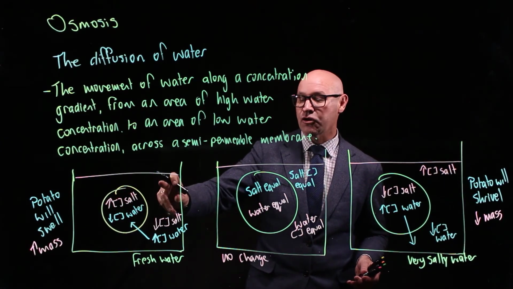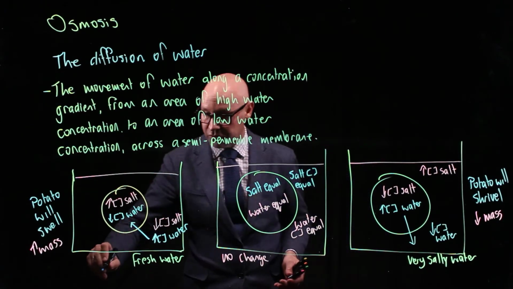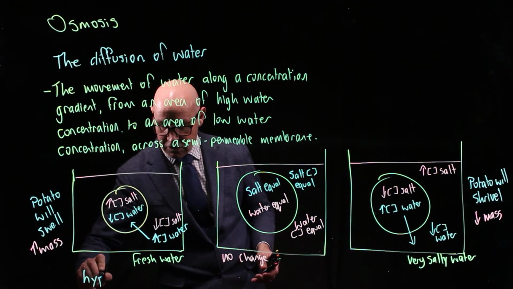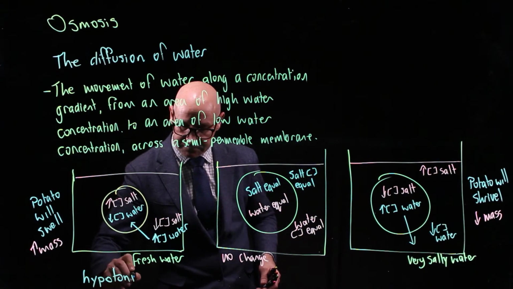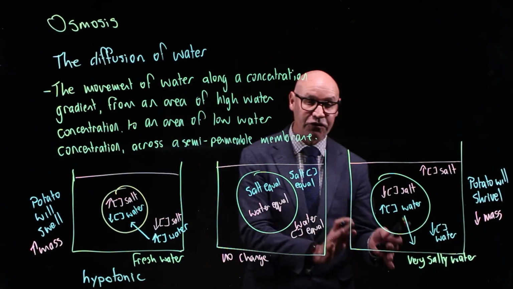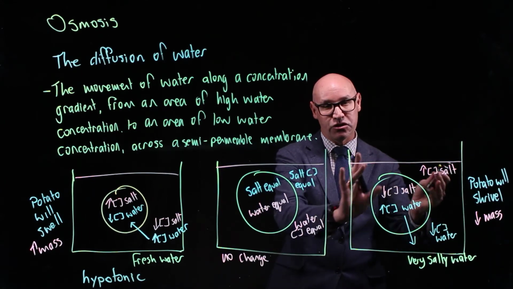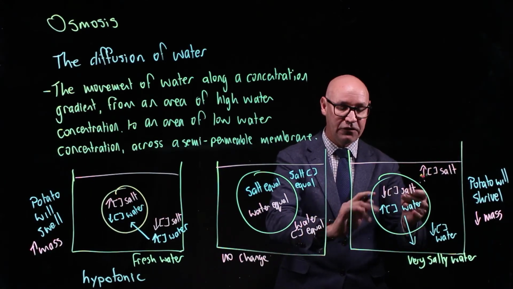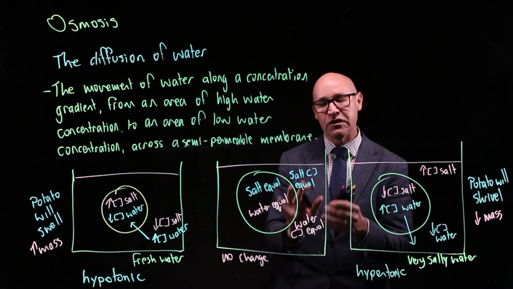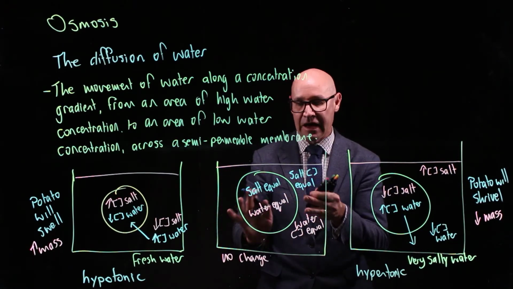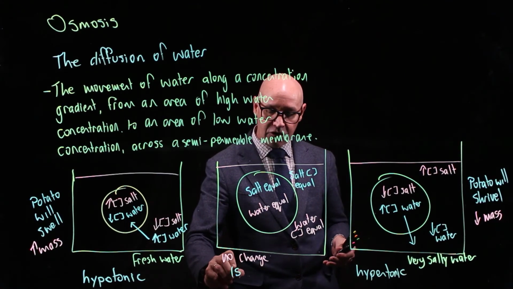So this has got low salt, so we call this hypotonic. Hypo means low. On this side where we've got higher concentration of our salt compared with the inside, we call this hypertonic. And let's see if you've heard of this word before. When it's the same, we say it's isotonic.